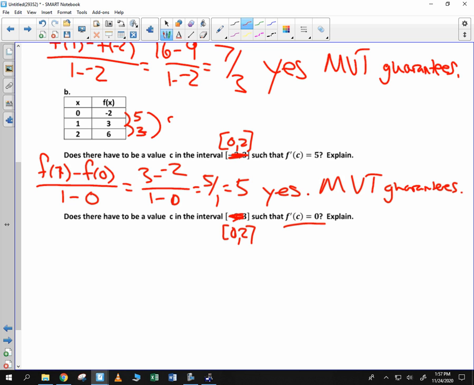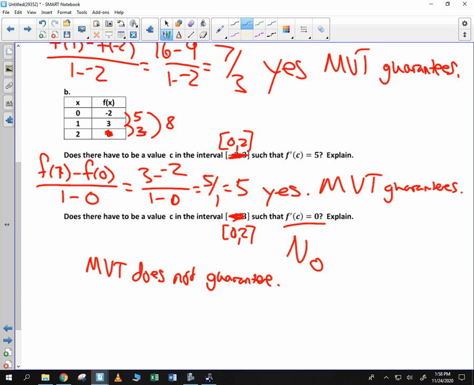Altogether, I went up 8. No. No, the mean value theorem does not guarantee. We can't find any interval where the slope is 0.